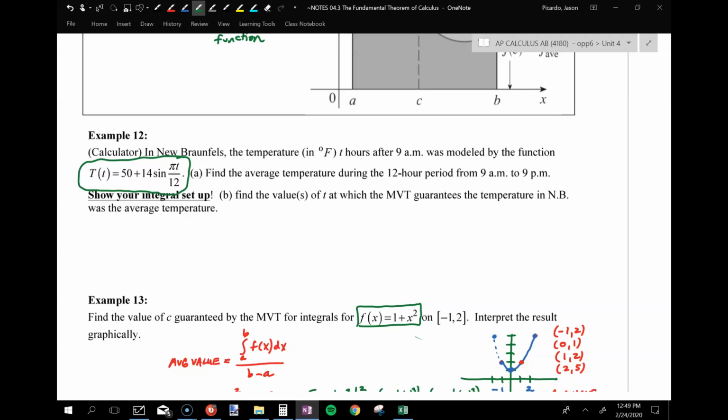Now, what's nice about that regression model? Well, it gives me a pretty good idea of what the actual temperatures were during the course of the day, right? What if I asked you guys to give me the average temperature during the day? So now what is Weeks going to do? She did every minute for 12 hours, 60 times 12, 720. She has 720 pieces of data.